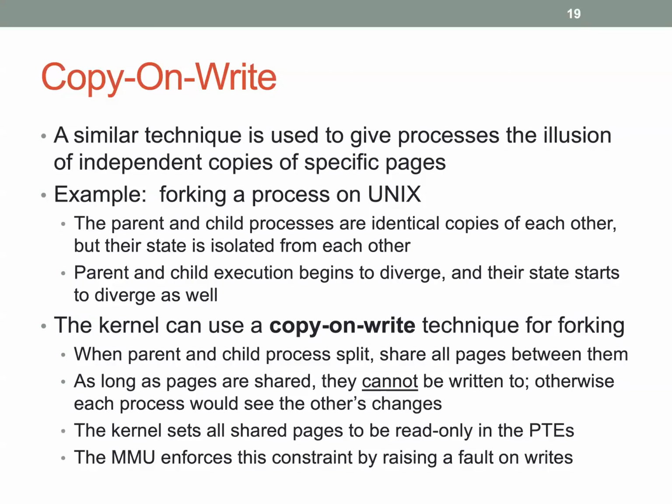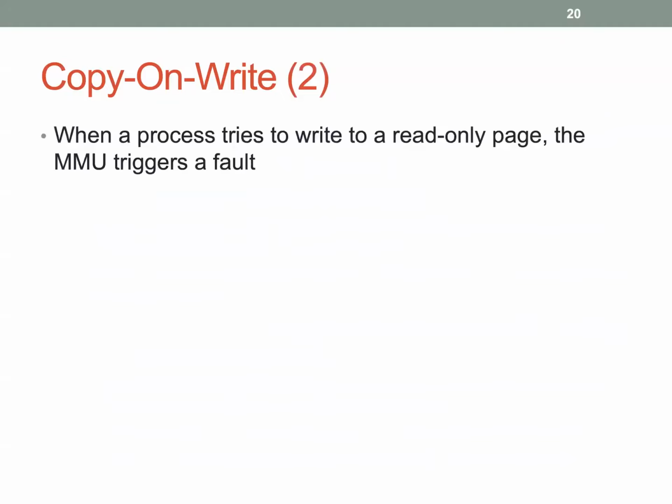And so what the kernel does is it goes in and marks those shared pages as read-only. Because they're read-only, if a process tries to write to a page, the MMU generates a fault. It's a protection fault in this case instead of a page fault, because you're violating the access constraints on the page. Okay, so the process tries to write to a read-only page.